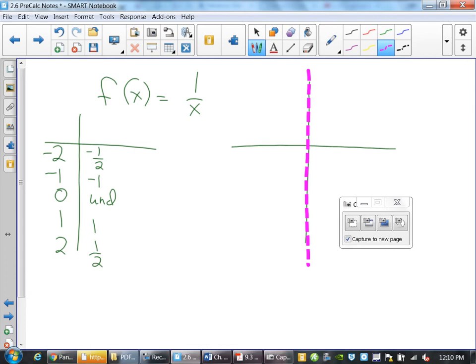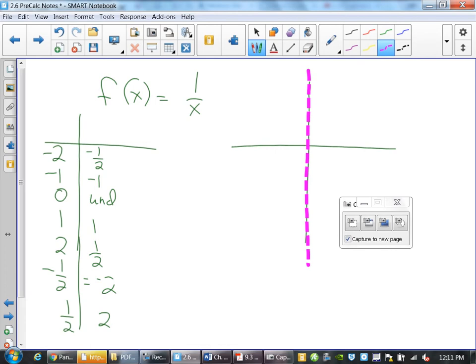Now, to throw in another one in here, what if we put it at -1/2? What would that be? -2. It'd be at -2. And if it was at 1/2, it would be at +2. Because it's 1 divided by 1/2, so it's flipping it.